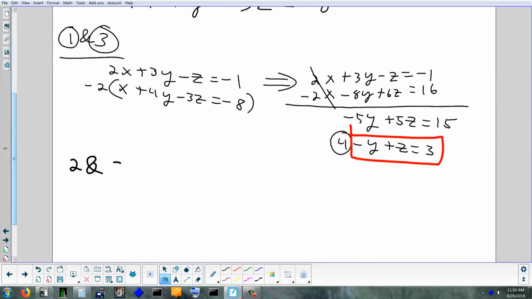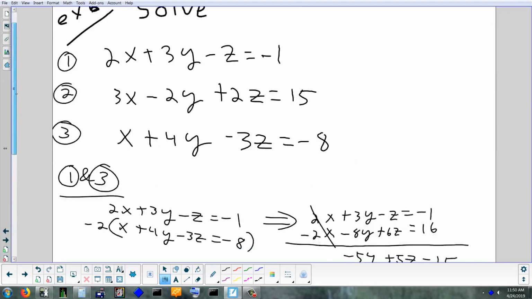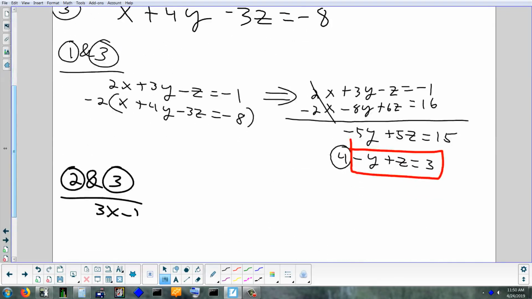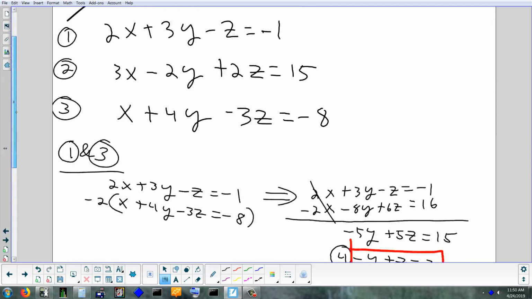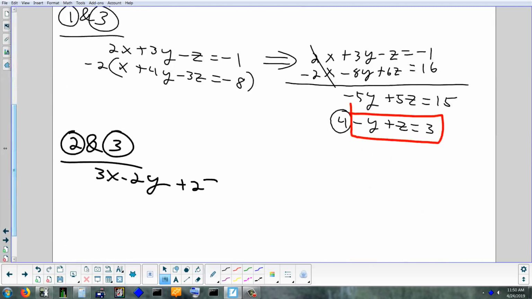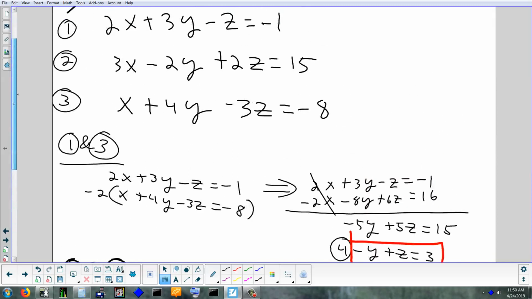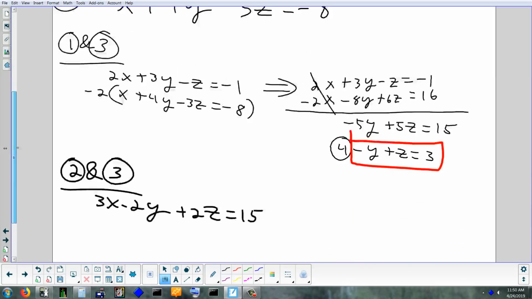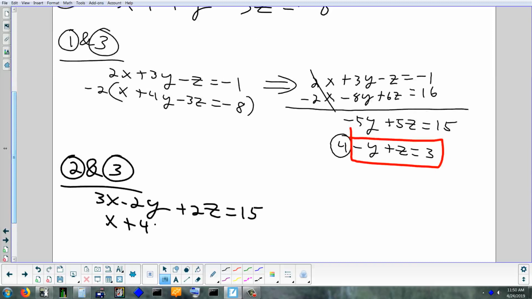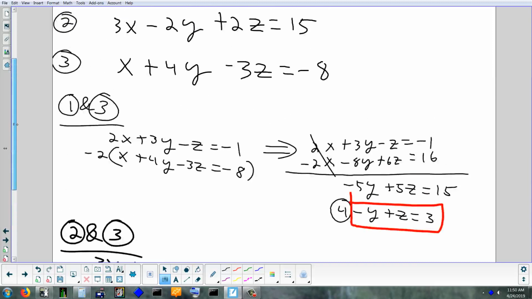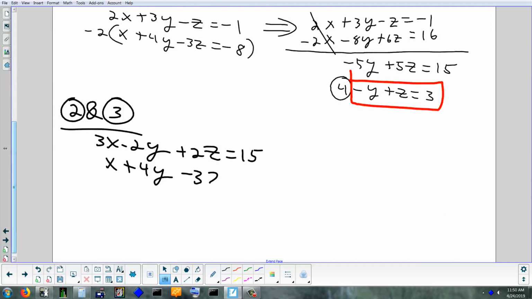So 2 and 3. I'm going to copy down 2. 3x minus 2y plus 2z equals 15. Again, please let me know if I make a mistake copying. And then 3, we got x plus 4y minus 3z equals negative 8.